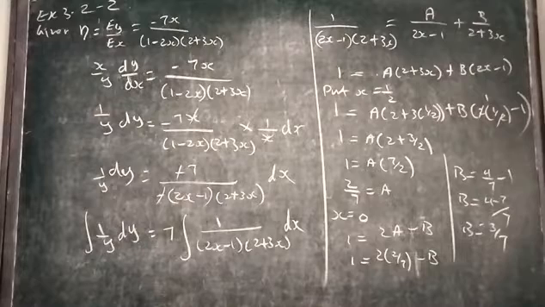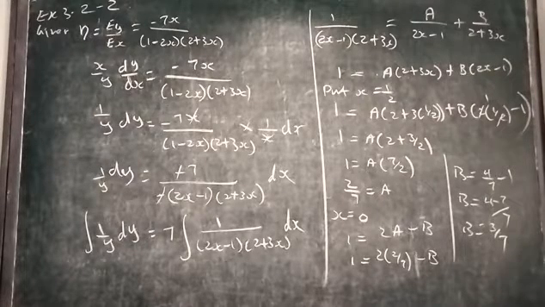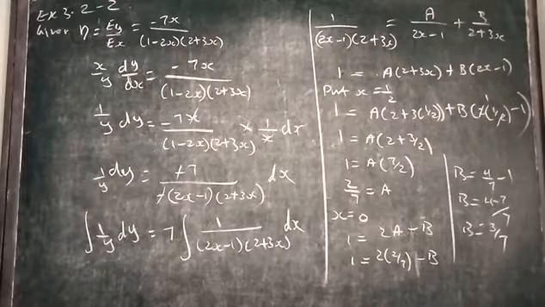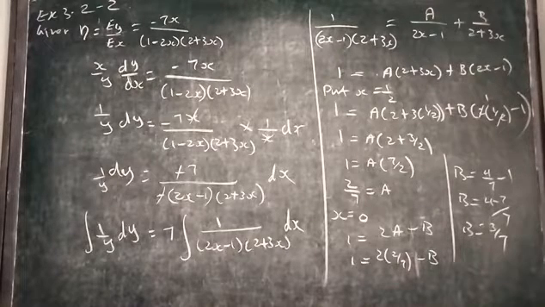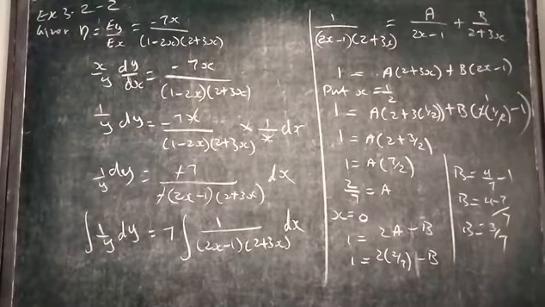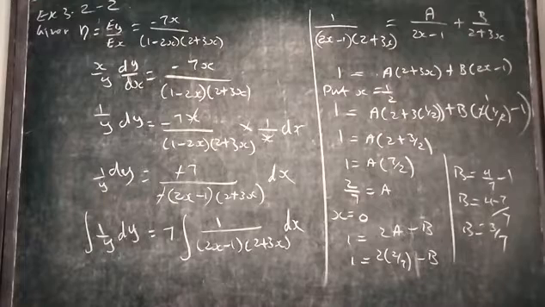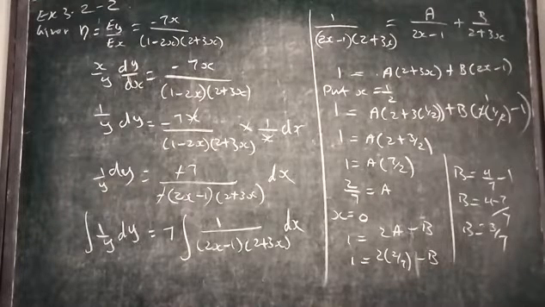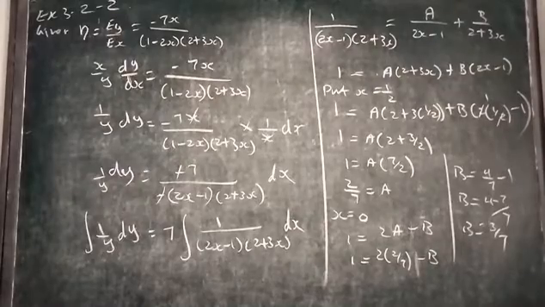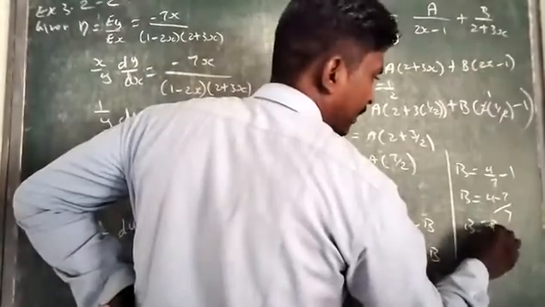So now we have 4 minus 7, we have minus 3 by 7.